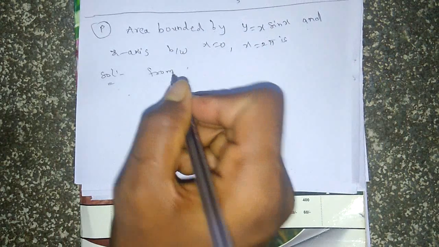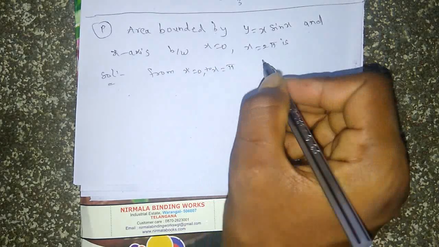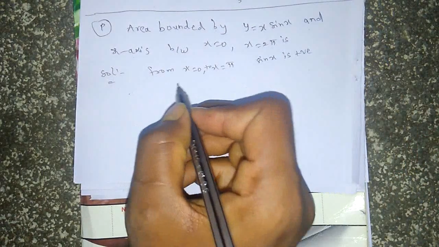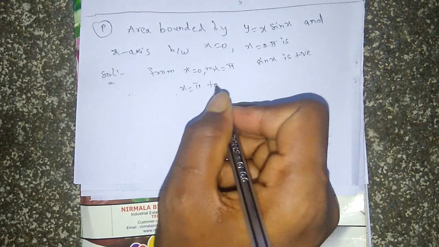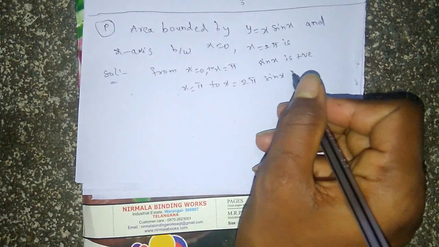So from x = 0 to x = π, sin x is positive. From x = π to x = 2π, sin x is negative.